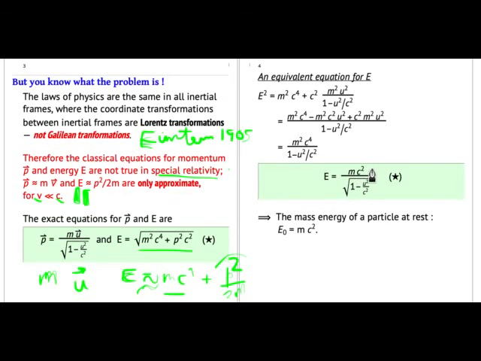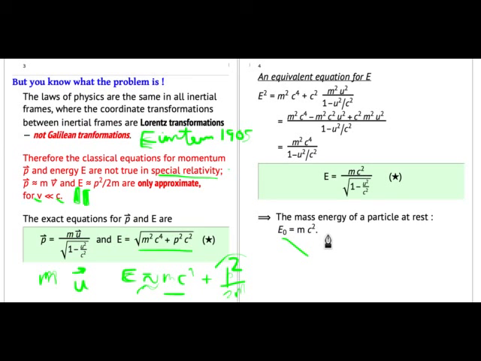The energy is then mc squared. But in general, E is not equal to mc squared. We might write E0 is mc squared, where the 0 means zero velocity. So this would be the energy of a particle in the frame of reference in which it is not moving.